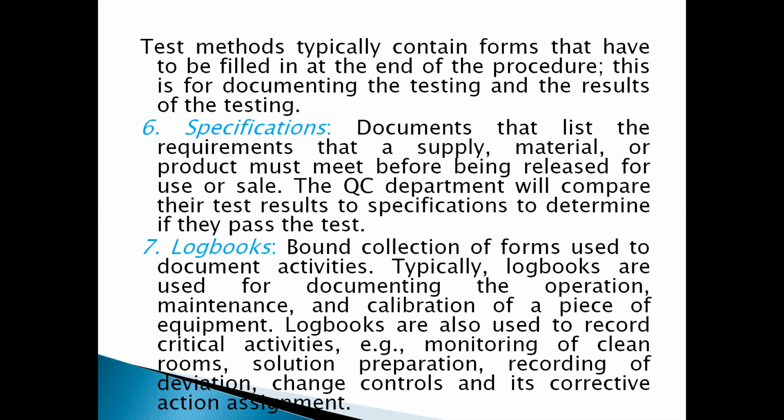Then specifications: documents that list the requirements that a supply, a material or product must meet before being released for use or sale. The quality control department will compare their test results to specifications to determine if they pass the test.